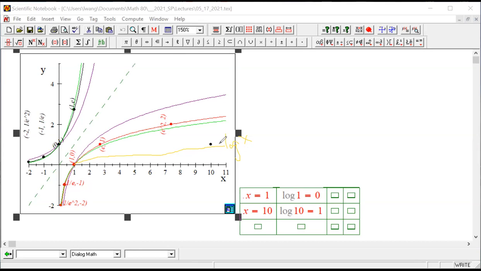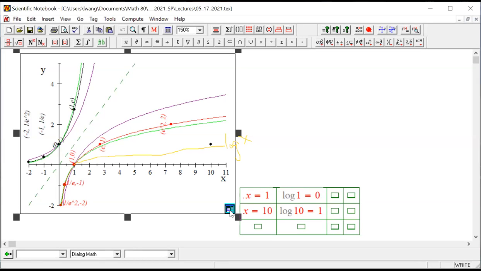So what I can do is make this software produce that picture. Let me take a little bit of calculation time. Okay, so ln x, ln 10. I'm going to try to do this picture with the software.